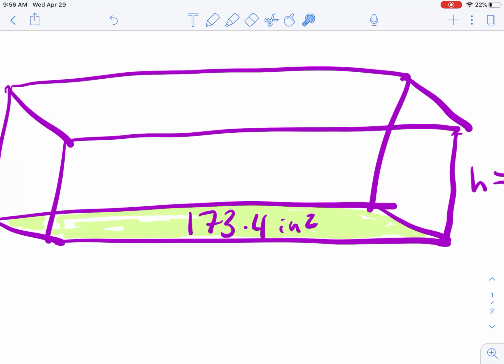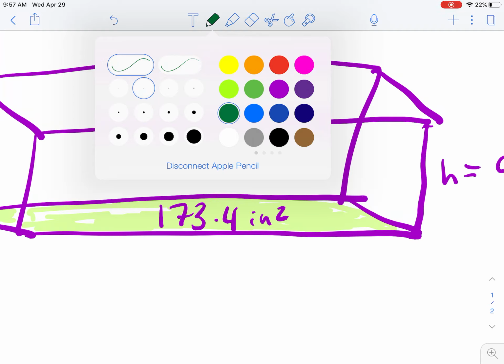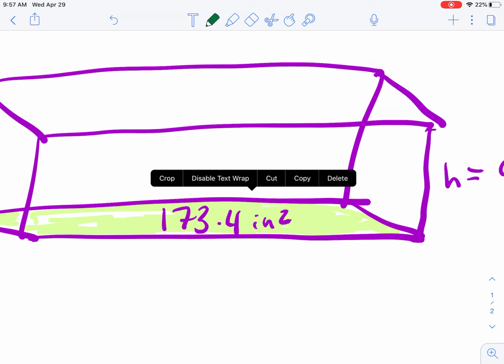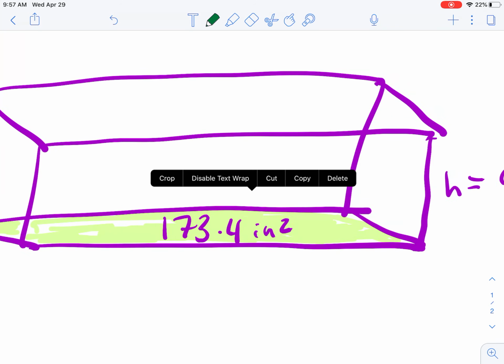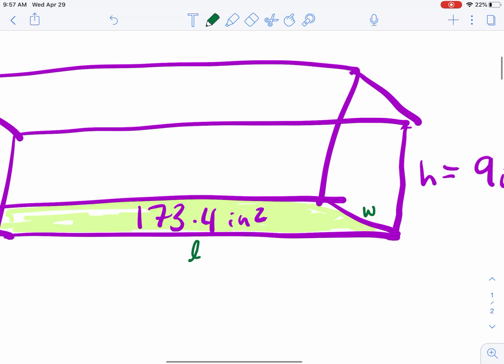And it's two-dimensional because my base is made up of my length and my width. And we have our height here.